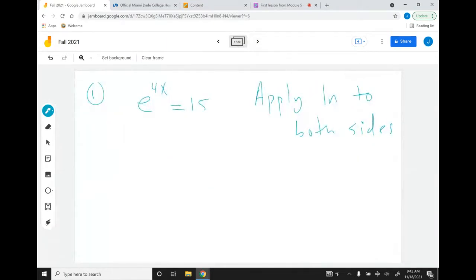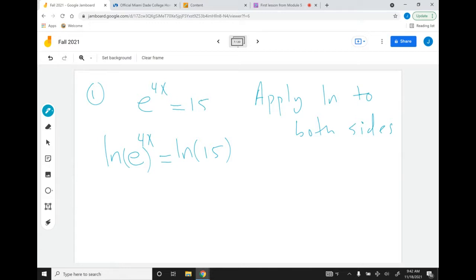So let me go back. Here I go. I'm going to have ln of e to the 4x power equals ln of 15. What you do to one side, you have to do to the other, so it's still equal.